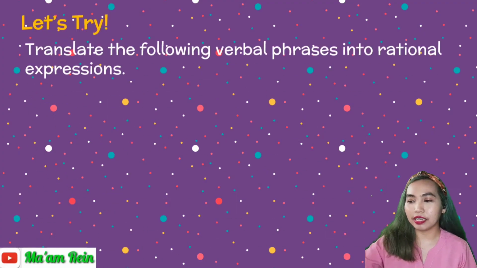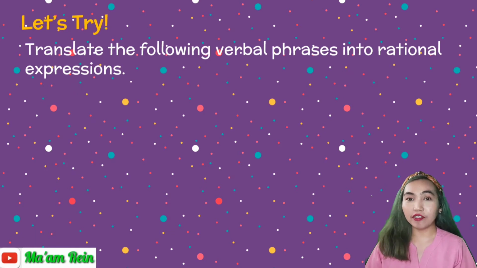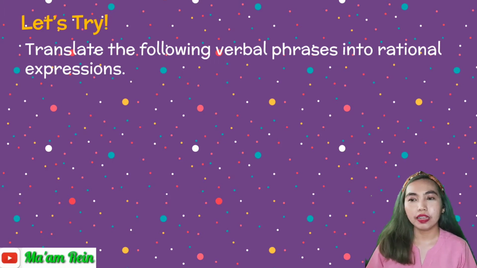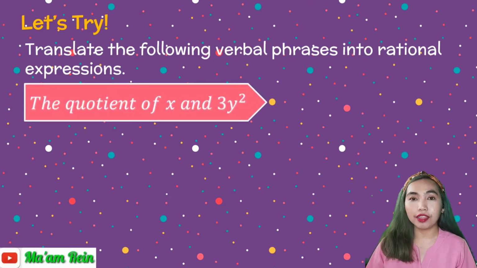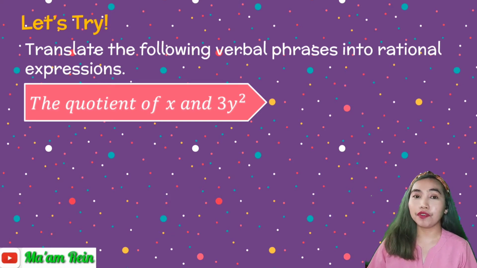Now let's try this. Translate the following verbal phrases into rational algebraic expression. We have the quotient of x and 3y squared. When we say quotient, it refers to division.